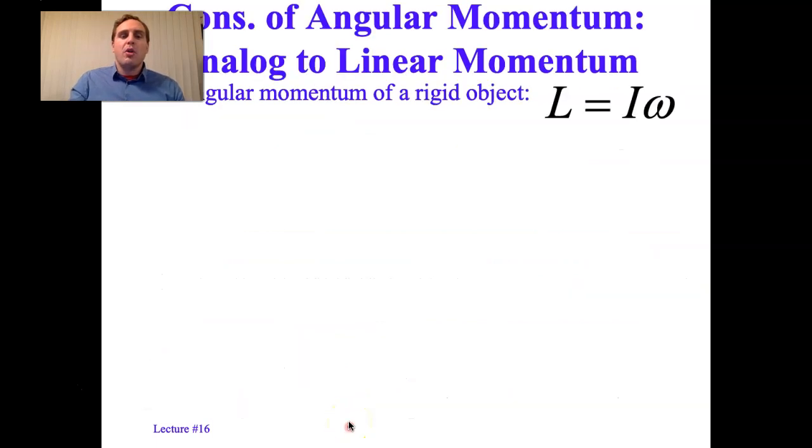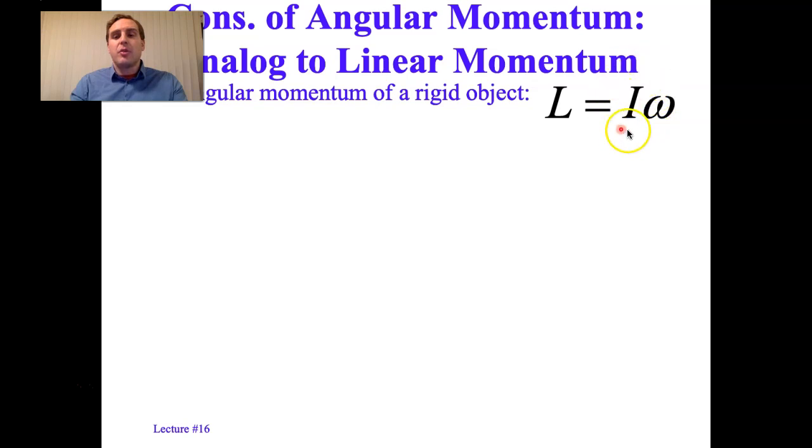So let's talk more about the conservation of angular momentum and its analog to linear momentum. What is the angular momentum of a rigid object? Well, we know that angular momentum is like m v r sine phi. But suppose the object is rotating instead with omega. We know omega is equal to v divided by r, and that introduces another r, so we get m r squared.